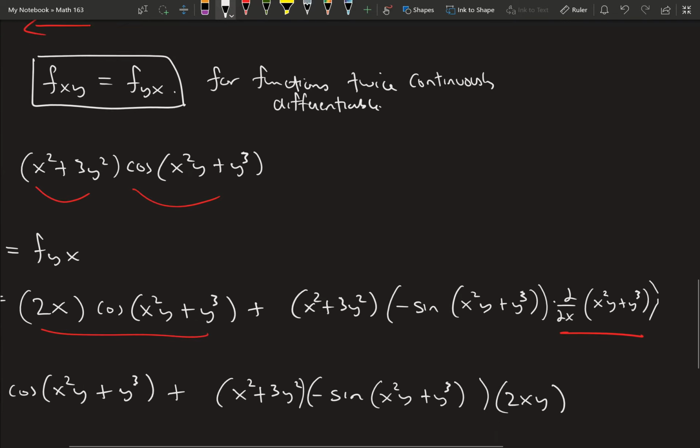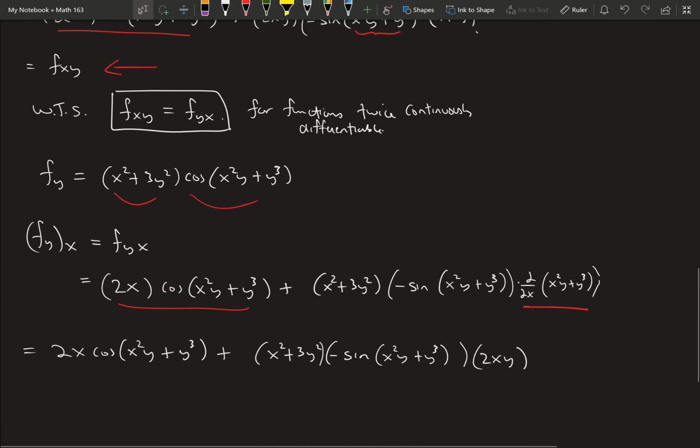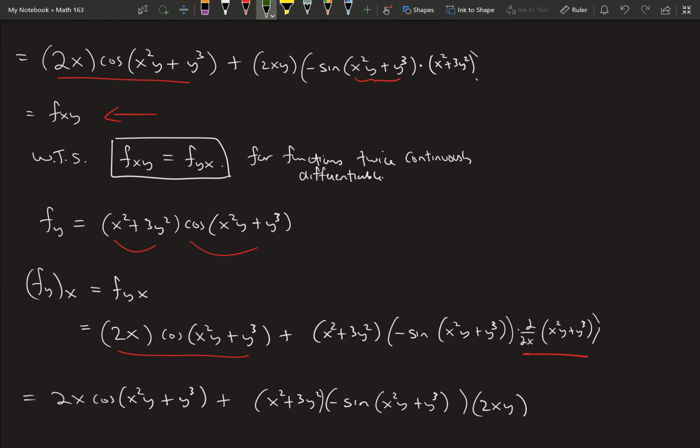And notice that this term, I'll just circle it, this piece right here that we just got is exactly the same as this piece. So these are the same.